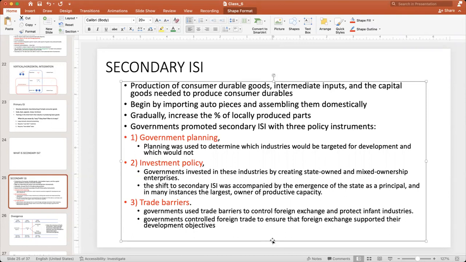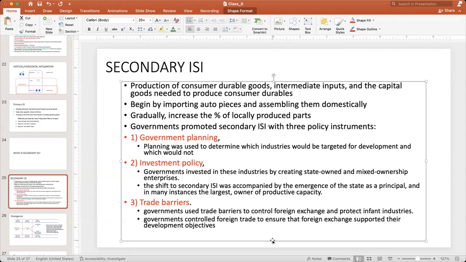Then you are producing the tires, and 5 years later, you are only importing the speed gear, and you are producing the tires and the frame, and then 20 years later, you are able to produce all the parts of the bicycle. And there are three main instruments that governments use to promote the secondary import substitution industrialization.